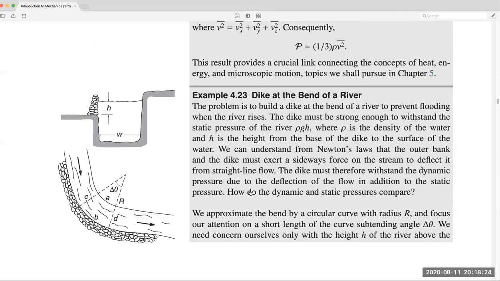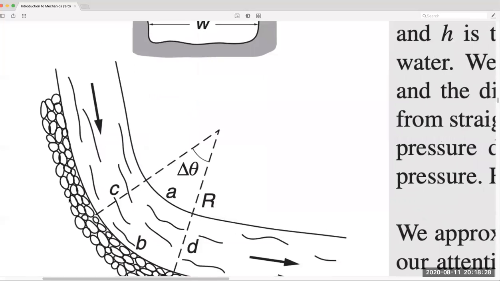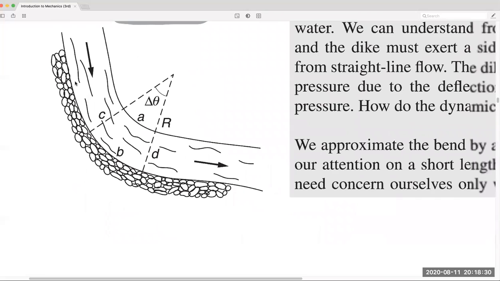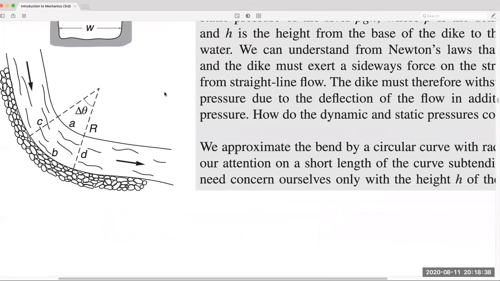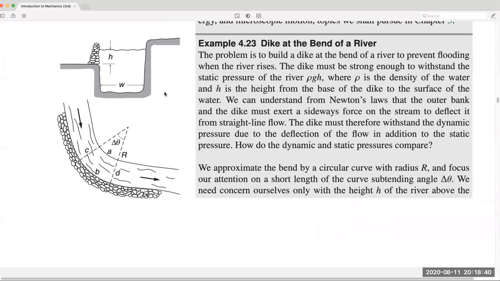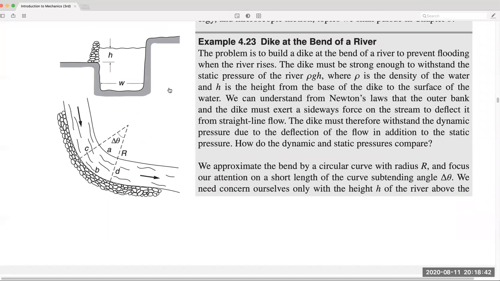So another one is the dynamic pressure. That means when the water flow changes direction, there should be a force acting on the water. The pressure due to that force in this question is called the dynamic pressure. So let's calculate the static pressure first.